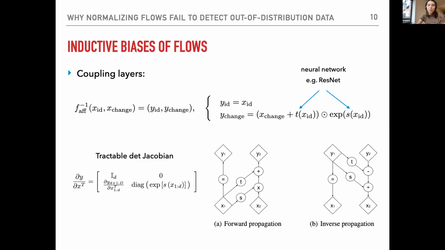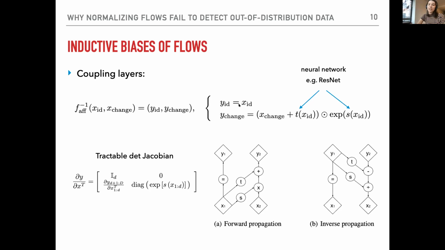So let's look into more details of the architecture of the flow. Normalizing flows like RealNVP consist of a sequence of building blocks called coupling layers. And they have a certain structure which ensures that it's easily invertible and the determinant of the Jacobian is tractable. In the coupling layer, the input is split into two disjoint parts, x_id and x_change.